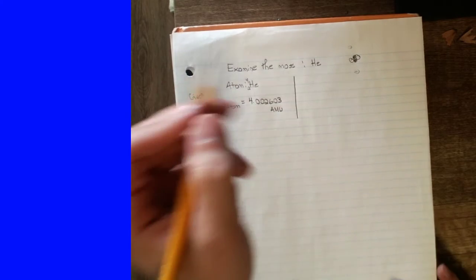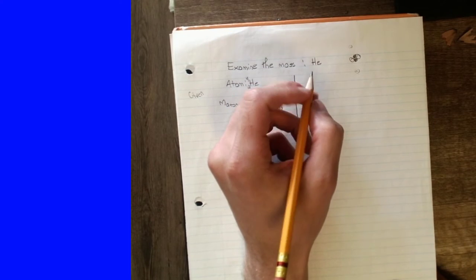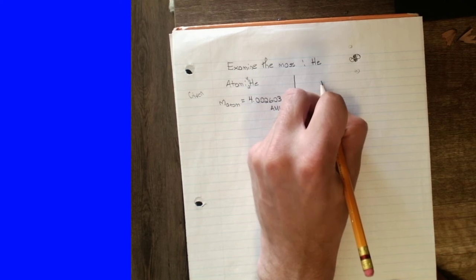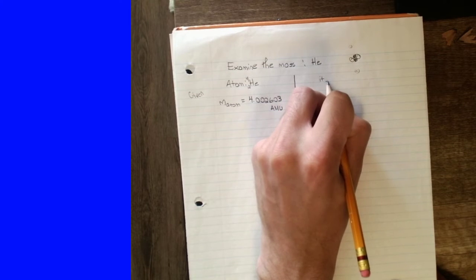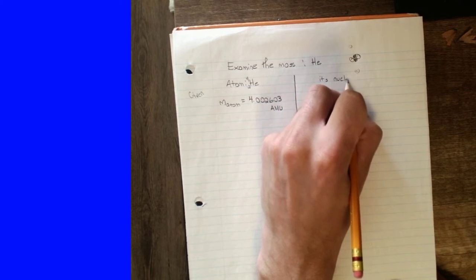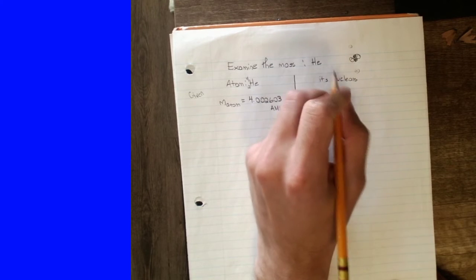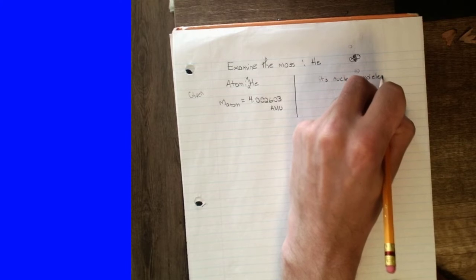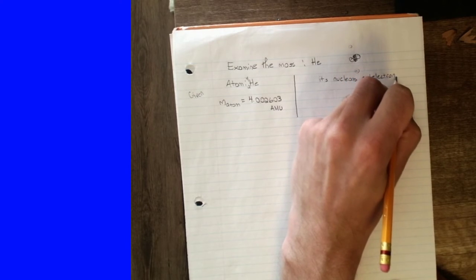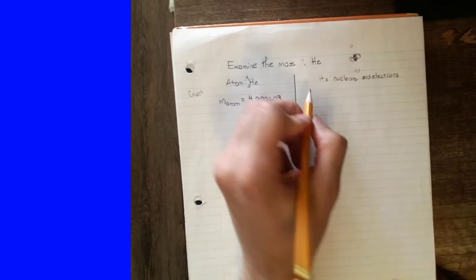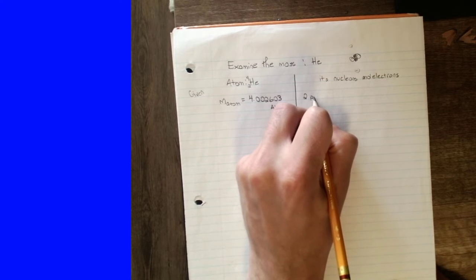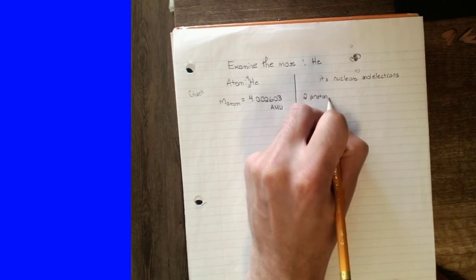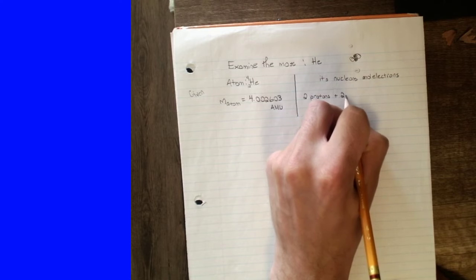And then we want to take those numbers that we were looking at before, and look at what's the mass of all of its nucleons and electrons. So the way you do this is you have 2 protons plus 2 electrons.